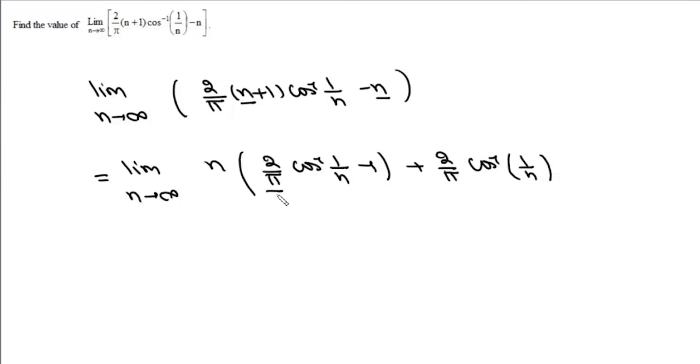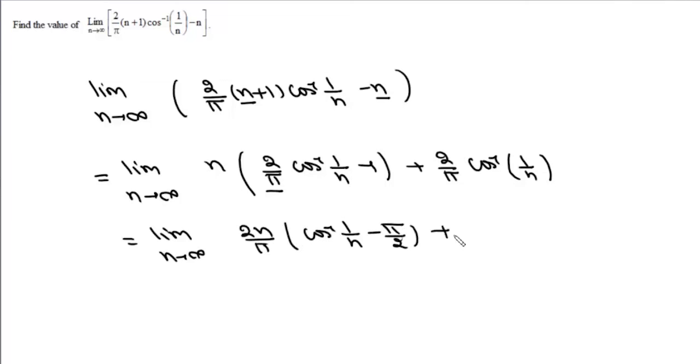Now here we'll take 2 upon pi also common, so we can write this as limit n tends to infinite, and here will be 2n upon pi, and this is cos inverse 1 by n minus pi by 2, and this is 2 upon pi cos inverse 1 by n.